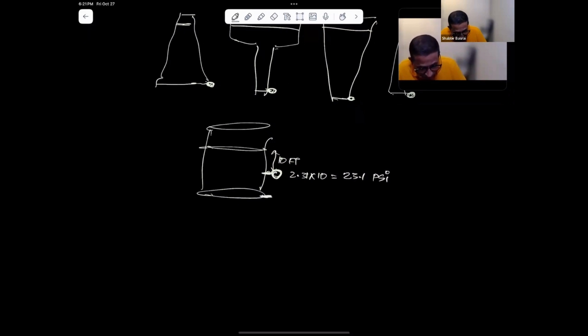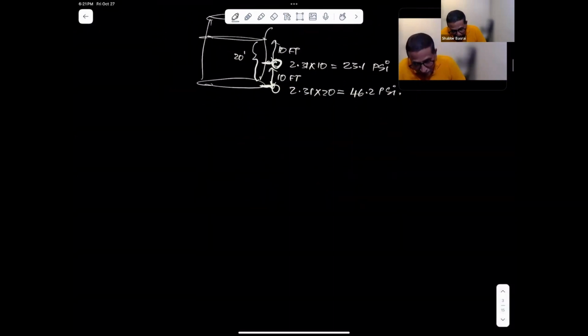And at the bottom of the tank, assume this is another 10 feet, so this total height is now 20 feet, so the pressure here is going to be 2.31 times 20, which is 46.2 psi.